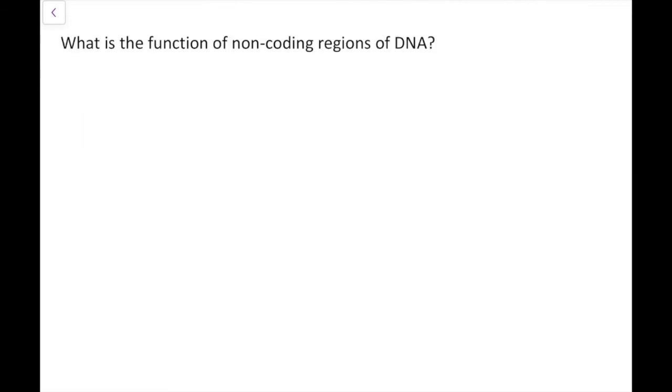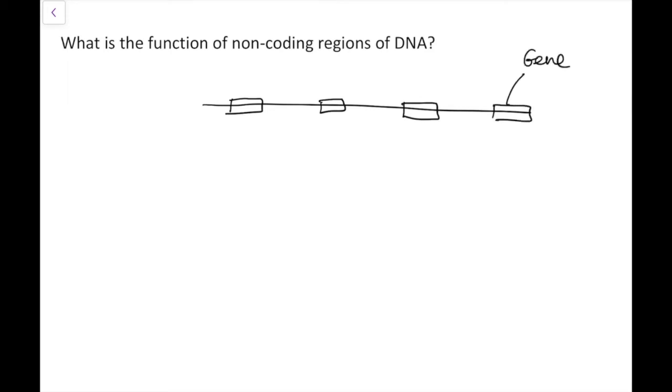So overall, what is the function of these non-coding regions? We have regions in between our genes which don't code for a gene itself, for a protein itself. And so these regions nearby can have a role in helping to either act as a positive thing that causes more of that gene to be used, or a negative thing.